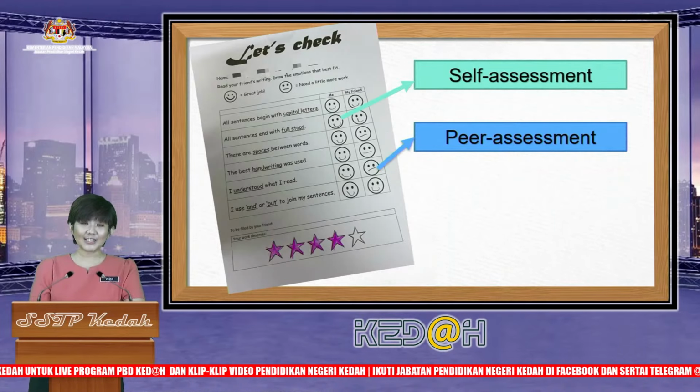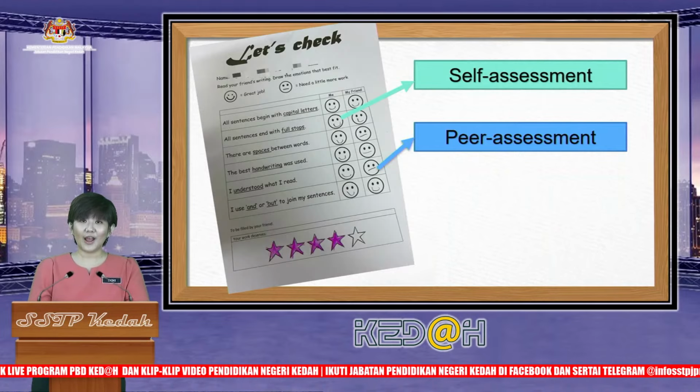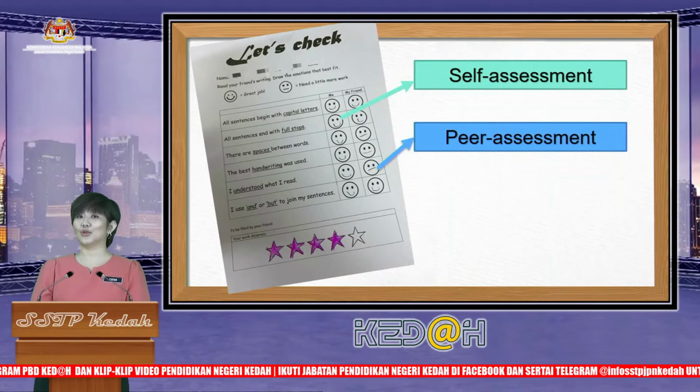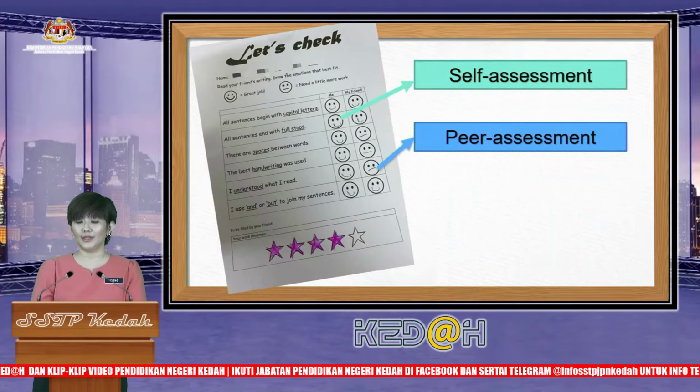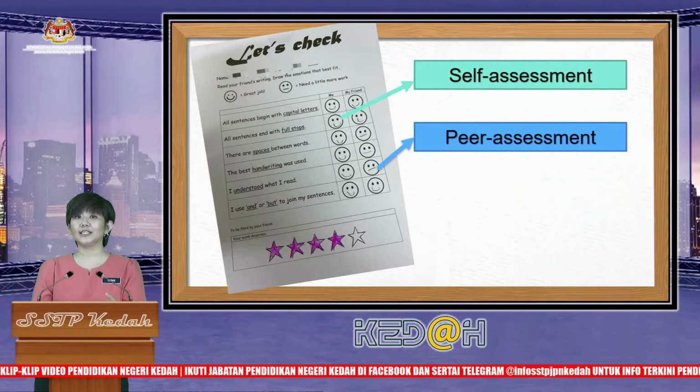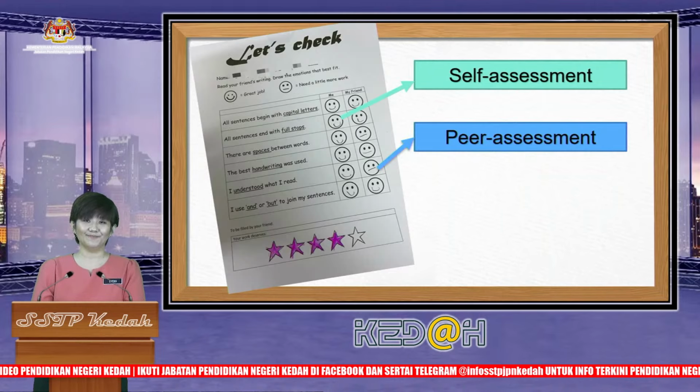Peer assessment, on the other hand, provides opportunities for pupils to interact and communicate with their peers and be active learners in the classroom.